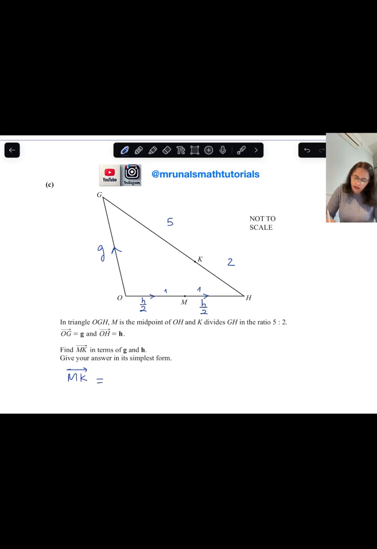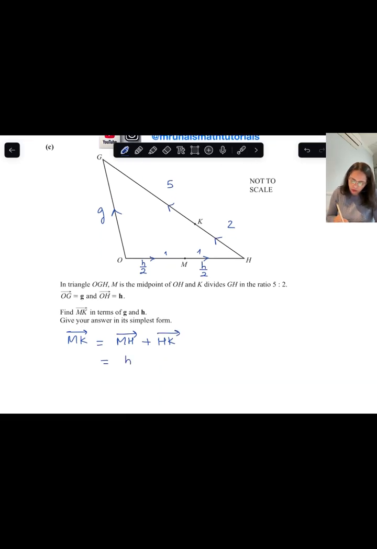MK, there are several routes that you can take. I'm just going to take the shortest one. I'm going to go this way, so I'm going to put an arrow here. I'm going to go MH and then HK. So that's MH plus HK. MH is going to be H/2.